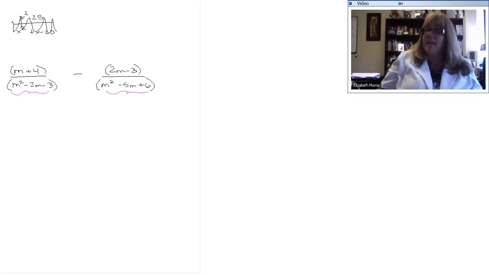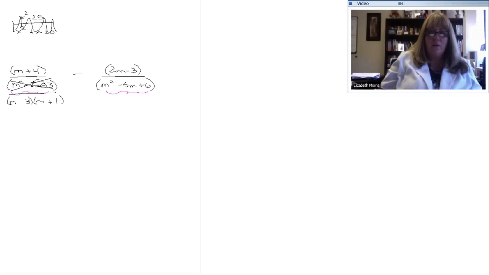But can I change their look? Yes, I can. This actually factors into m and m, 3 and 1, multiples of 3 that subtract to give you 2, and to get a negative 2, it would be like this. So we're not going to look at that anymore. This is the new denominator.